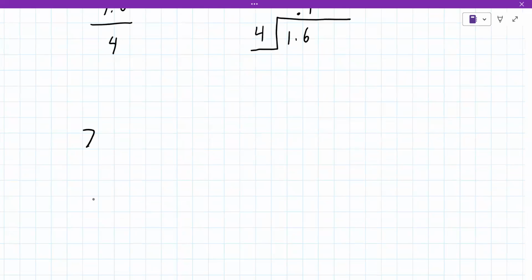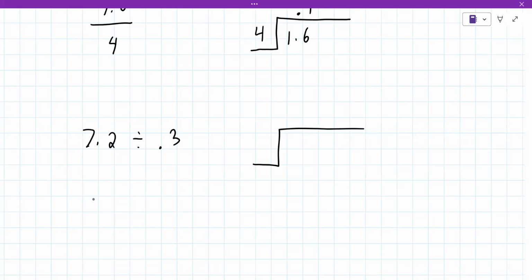Right, here's a new one. How about 7.2 divided by 0.3? Okay.